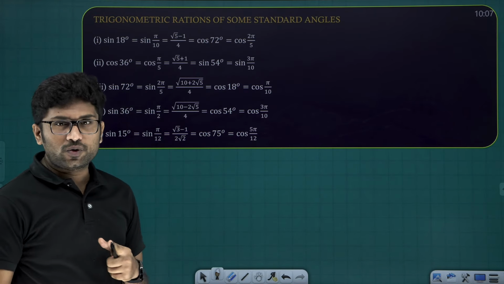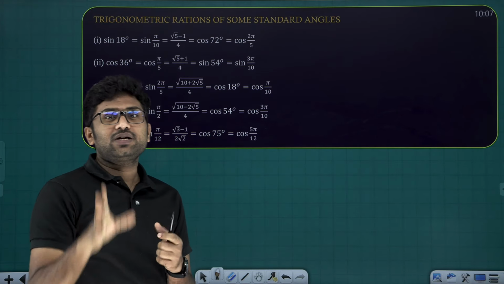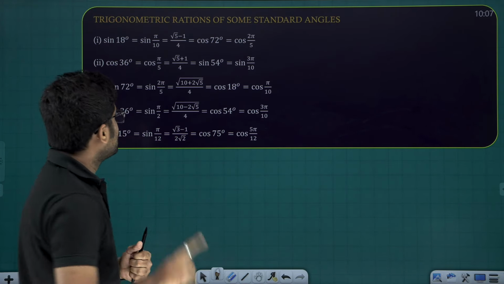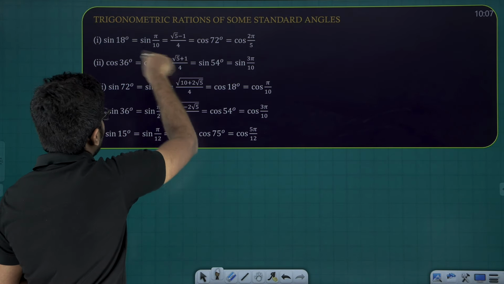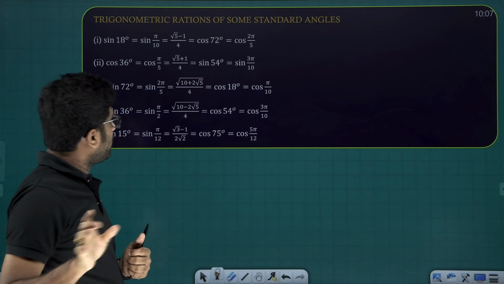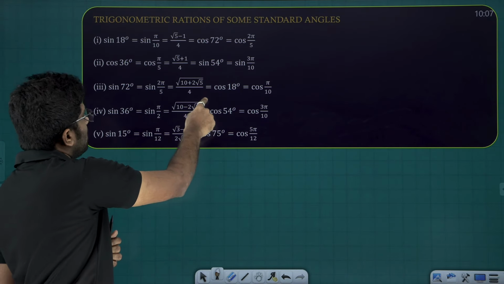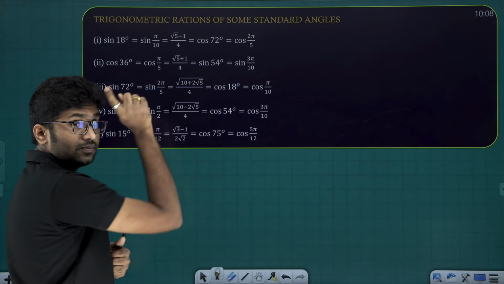All these things we have proved in the class itself. So I am just collecting all the values at one place so that it will be easy for revision. Starting with sin 18, root 5 minus 1 by 4, cos 36, root 5 plus 1 by 4, conjugates. Sin 72, square root of 10 plus 2 root 5 by 4, sin 36, square root of 10 minus 2 root 5 by 4, or we say cos 18.